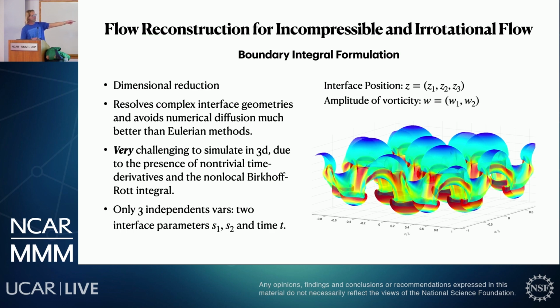So every point on that particular surface is just z1, z2, z3, three coordinates. And the amplitude of vorticity, also known as the vorticity measure, is effectively the jump in the tangential components of velocity. So it has two components. And this measure lives on that complicated surface and only requires two unknowns, again, only as a function of two independent variables rather than three.